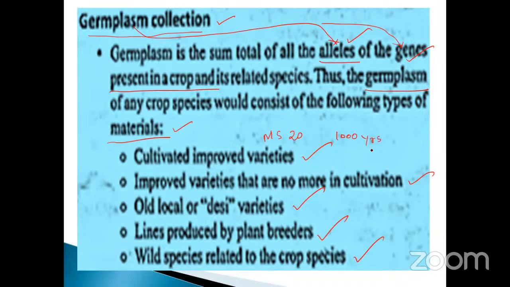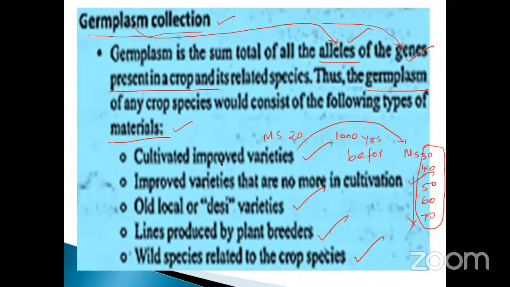Now the MS20 is also improved: 20 into 30, 40, 50, 60, 70, like that. You can imagine, whatever it may be. These are all new varieties in the new world.